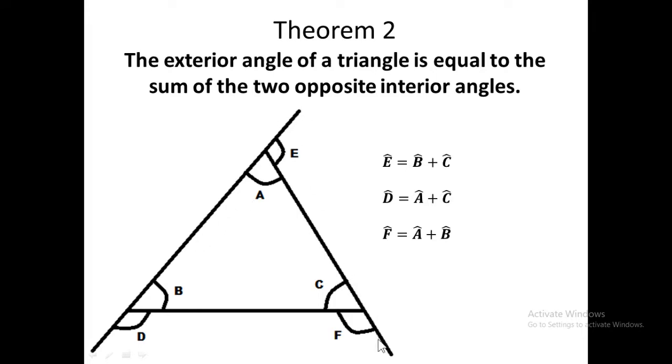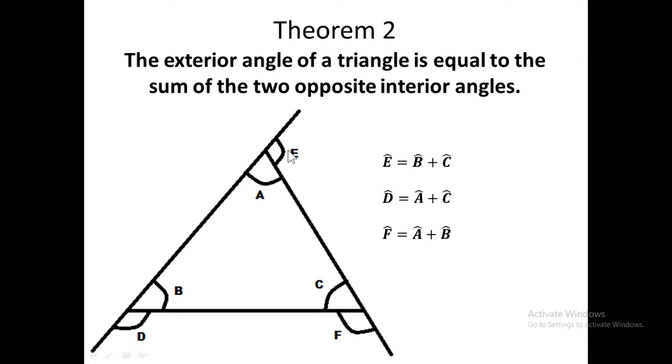So angle A inside the triangle, angle B inside and angle C inside are called interior angles. Interior means inside. So the angles inside the plane shape, this triangle, are called interior angles.